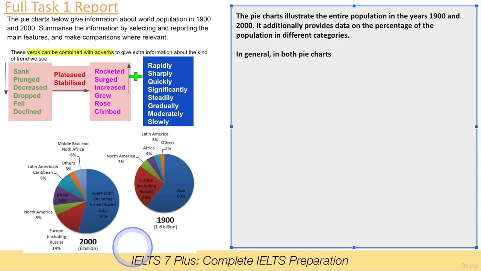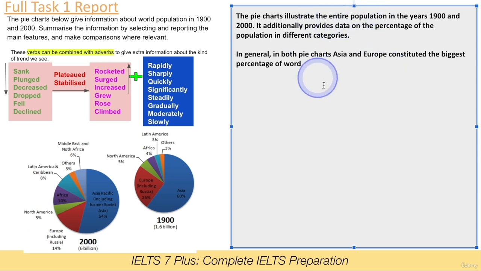In both pie charts, Asia and Europe made up, another word for made up, constituted the biggest percentage of, it's tricky too. We thought of percentage of people on Earth, maybe.